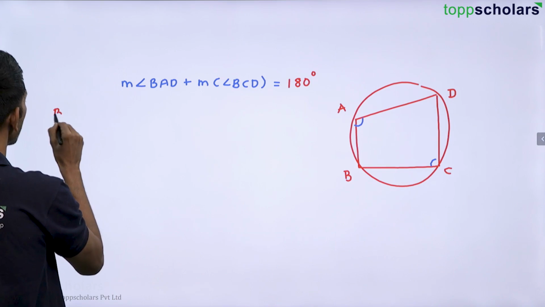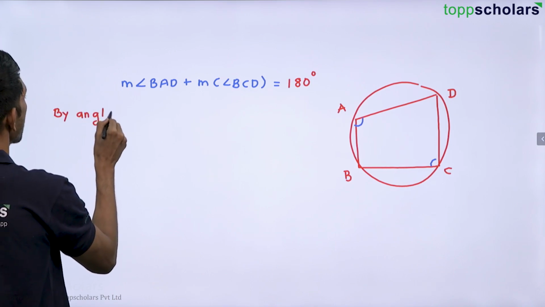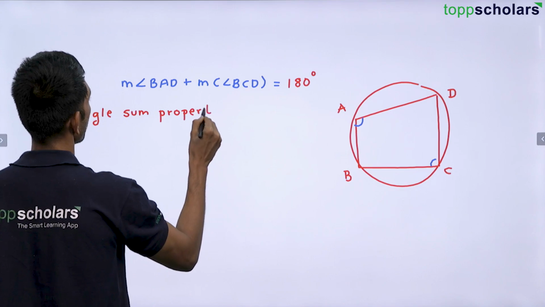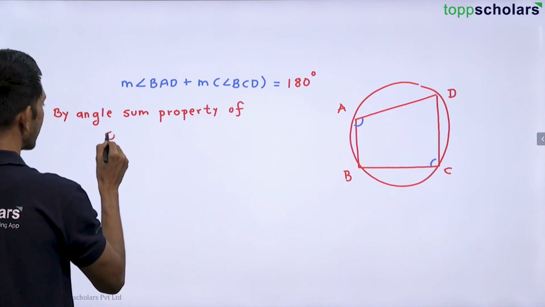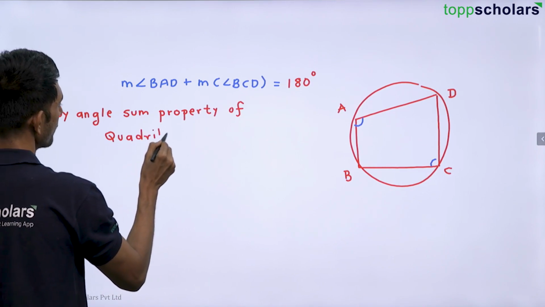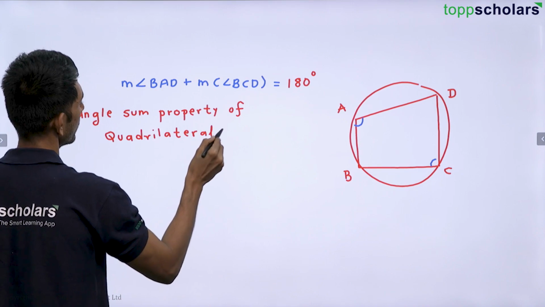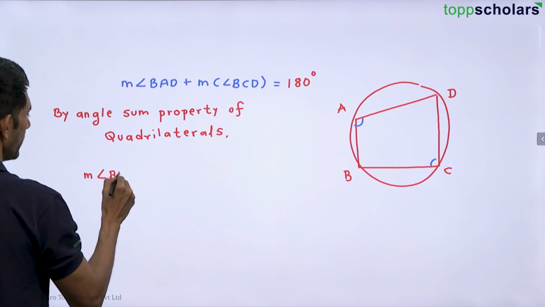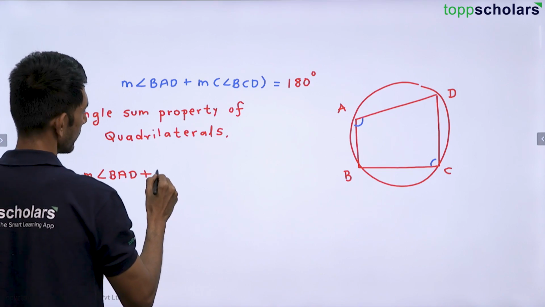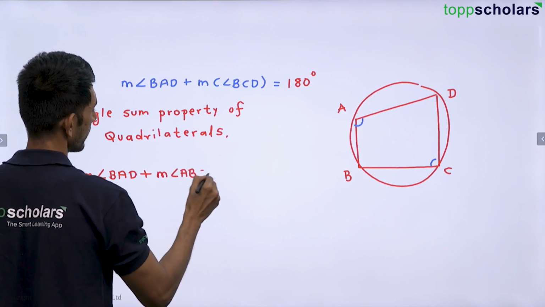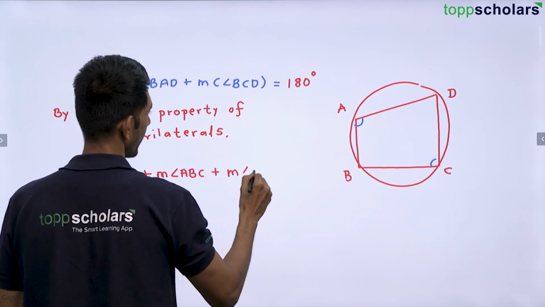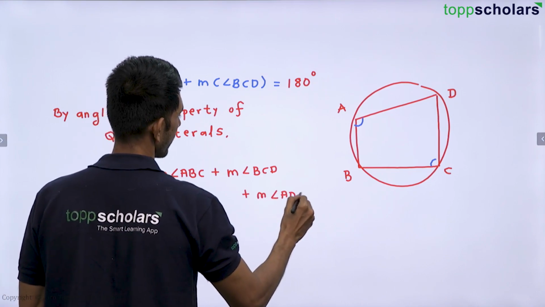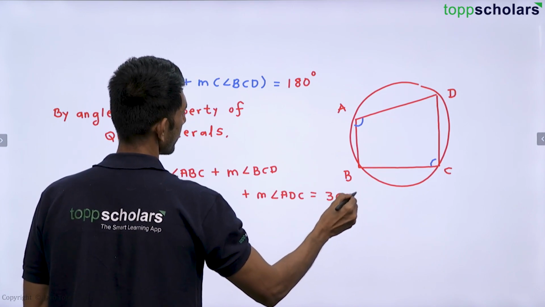So we can say by the angle sum property of quadrilaterals, we can say that measure of angle BAD plus measure of angle ABC plus measure of angle BCD plus measure of angle ADC is equal to 360 degrees.